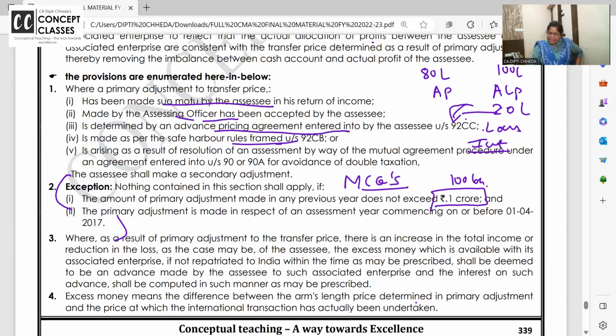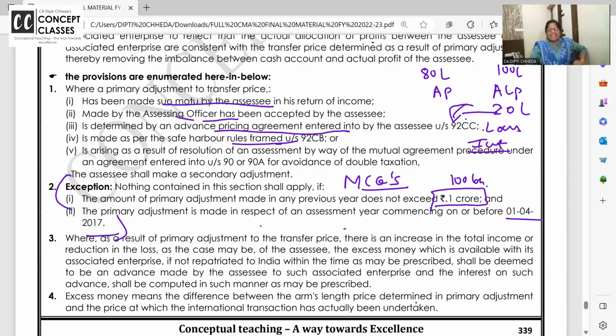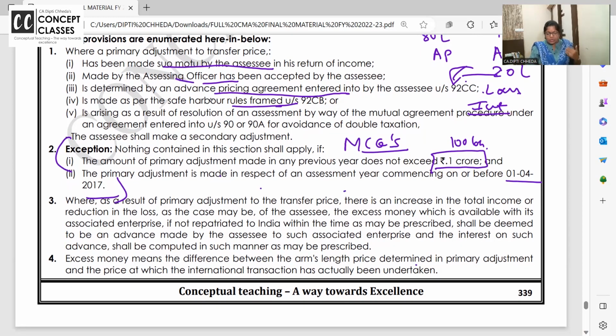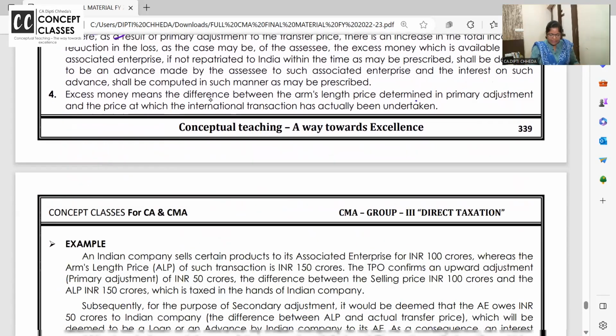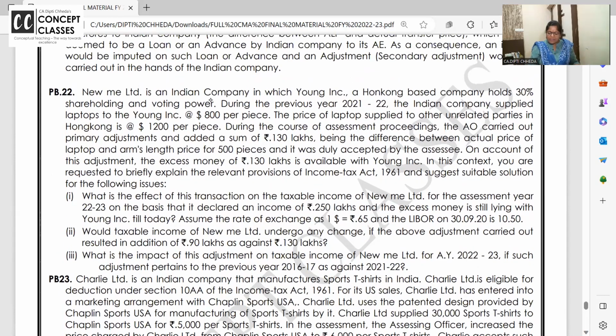And if the primary adjustment is made in respect of assessment year after 1/4/2017, secondary adjustment started from 1/4/2017, and if the primary adjustment is above 1 crore, then you have to bring that money to India. Okay. Listen to this 2-3 times, the flow, the concept will be clear, and material is already there on screen.